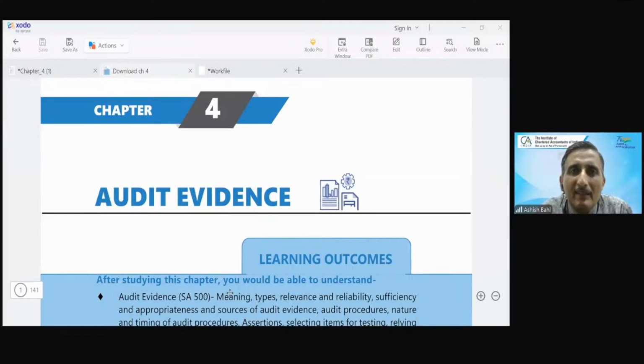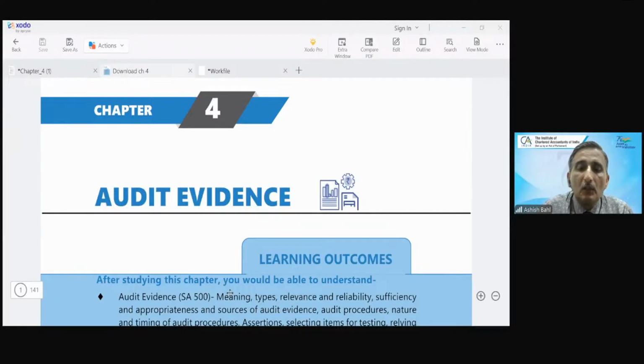And on the basis of conclusion, he provides his opinion, which is reflected in audit report, which is the outcome of the audit process. Clear? So therefore, you understand that audit evidence is very important from the point of view of auditor.